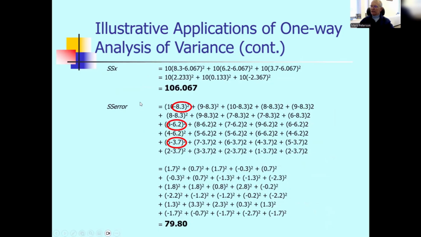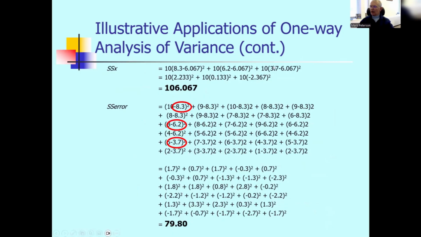Our sum of squares is computed this way. For the sum of square errors term, we take 10 minus 8.3, that subgroup mean for the high in-store sales promotions.